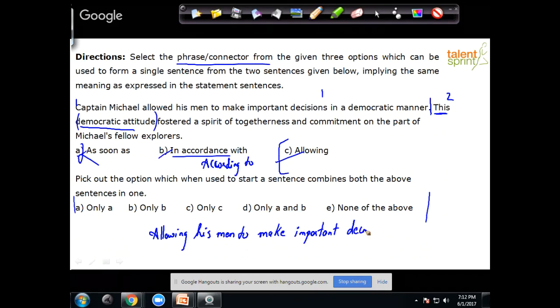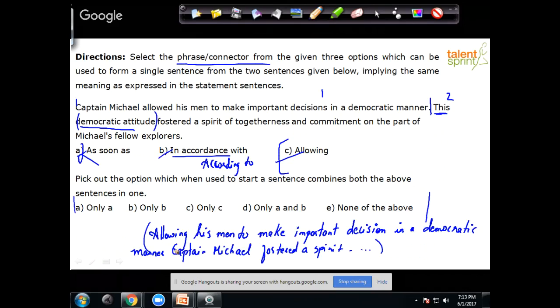Remember, the goal is when I connect these two sentences with the proper option, it should make logical sense. Allowing his men to make important decisions in a democratic manner, Captain Michael fostered a spirit of togetherness and commitment on the part of his fellow explorers.